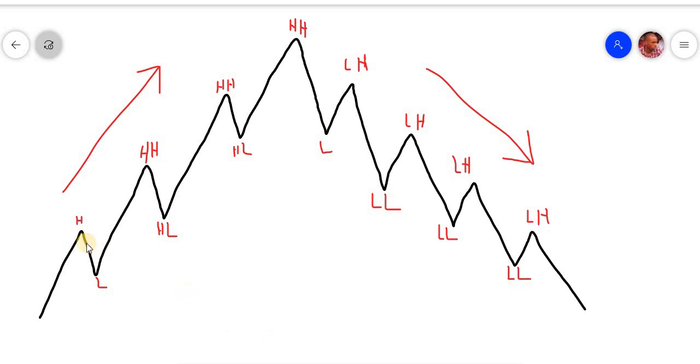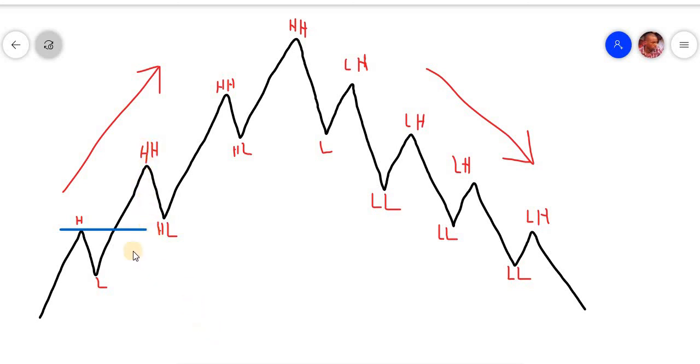For instance, sorry about my mouse, this level is a high. You cannot get an uptrend unless this high is broken to form a higher high.